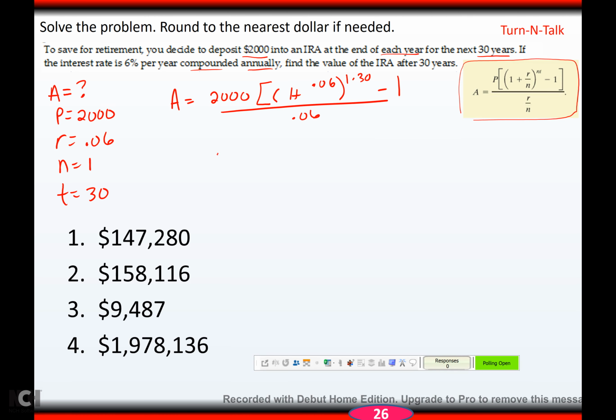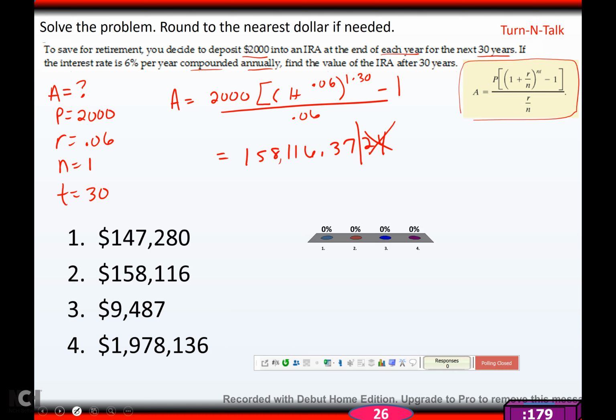So that will give me 158,116.3724. If I round, it's just going to be 0.37. Yeah? And there's your answer. Oh, they said round to the nearest dollar.